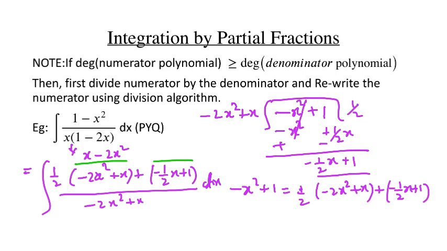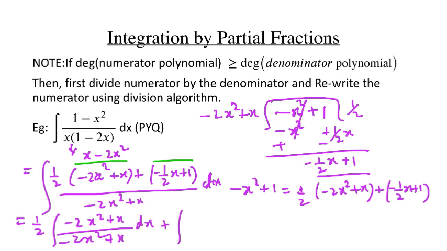Now when we separate, taking this half outside, we get minus 2x square plus x upon minus 2x square plus x, dx, plus the integral of minus half x plus 1 upon minus 2x square plus x, dx. Children, clearly the first term is getting cancelled and you will just get 1 in its place, which is quite integrable.